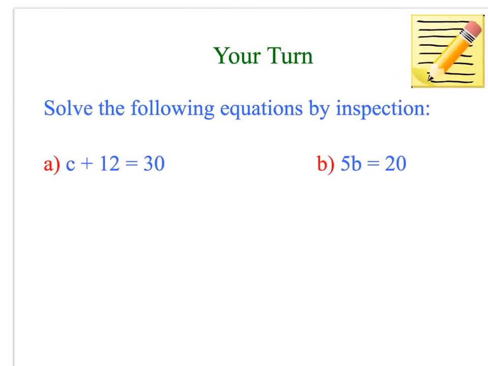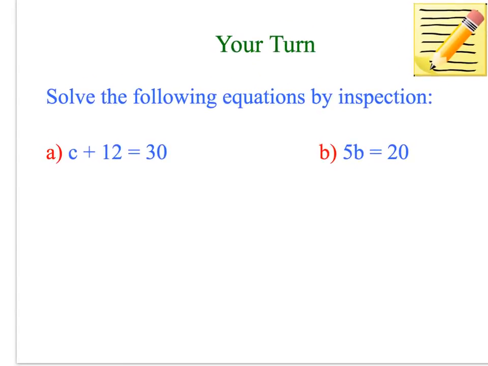So C equals 18. Then I put that into the equation to make sure: 18 plus 12 equals 30. Is that true? Yes, it is. Give yourself a big tick if you got 18.